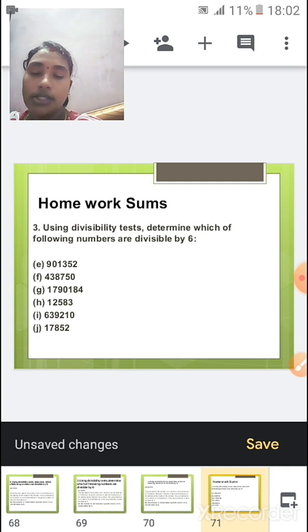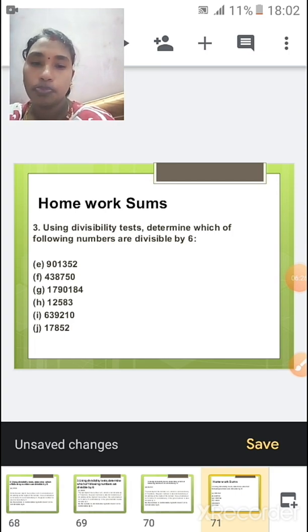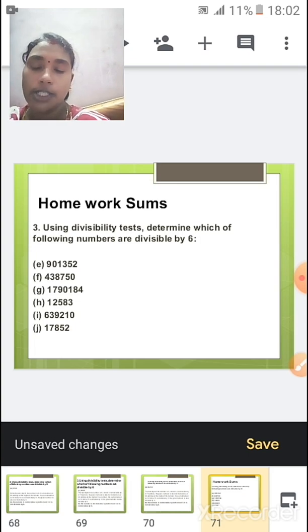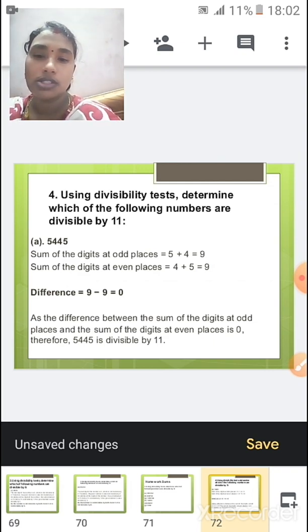The J sum we have 1 lakh 7,852. Okay, so let us go to the next set of numbers, that is fourth sum.